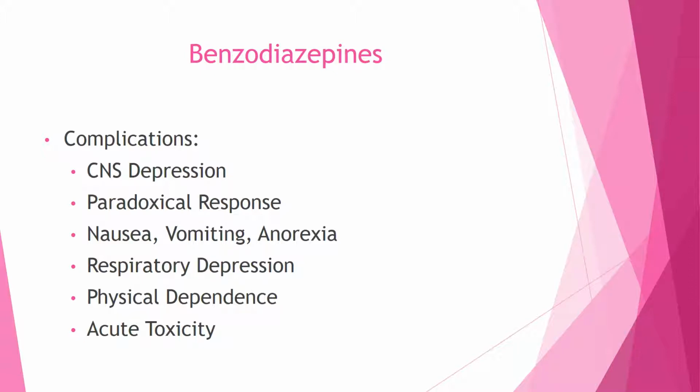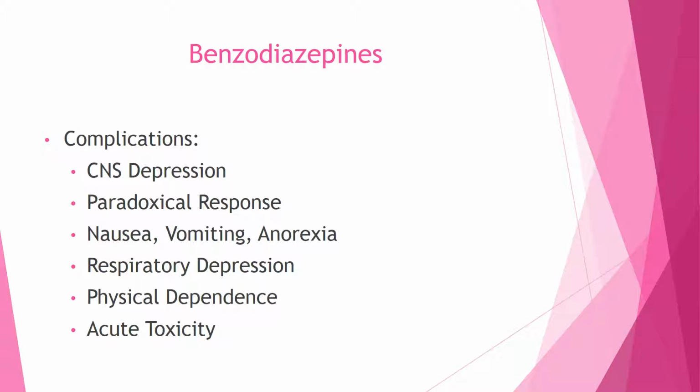Nausea, vomiting, anorexia. This medication can be taken with food. Respiratory depression, especially if it's given IV, you need to watch that more closely, monitor their vital signs more closely, and make sure you have your resuscitation equipment available. Physical dependency can occur. Benzodiazepines have the lowest abuse potential compared to the barbiturates or any other CNS depressants.